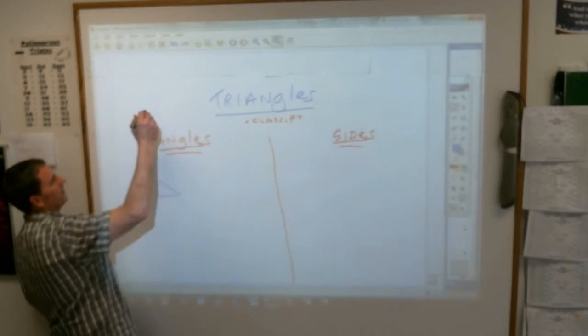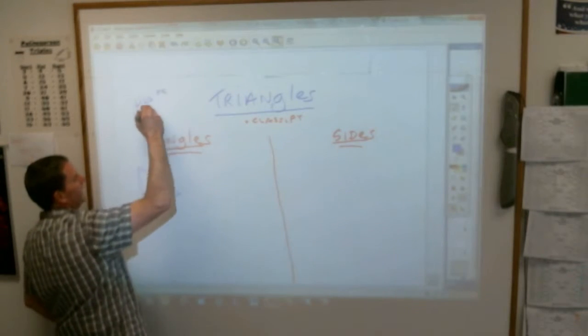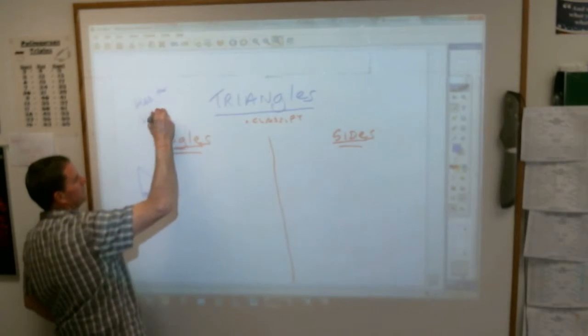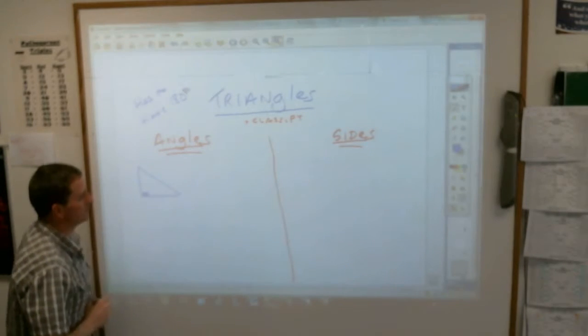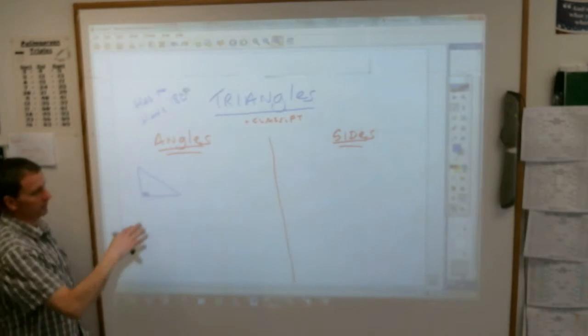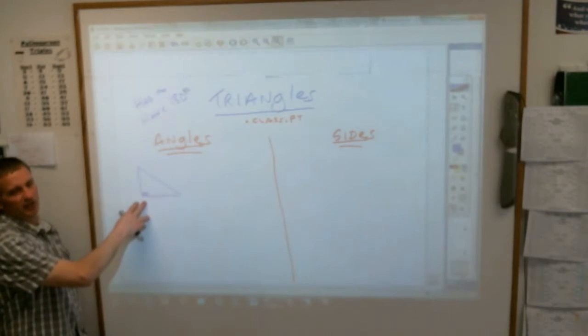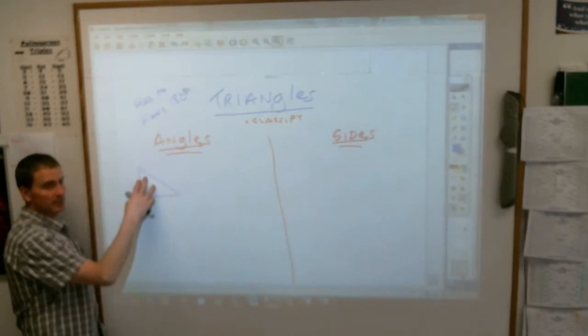One simple fact about triangles is a triangle has to have 180 degrees inside of it. And the problem with having more than one right angle, now if you have two right angles, you've got 180 degrees already and you don't have any degrees left for the third angle.